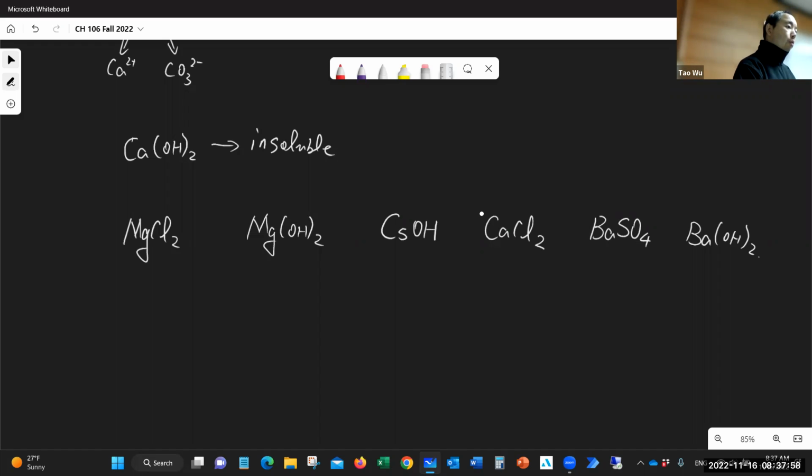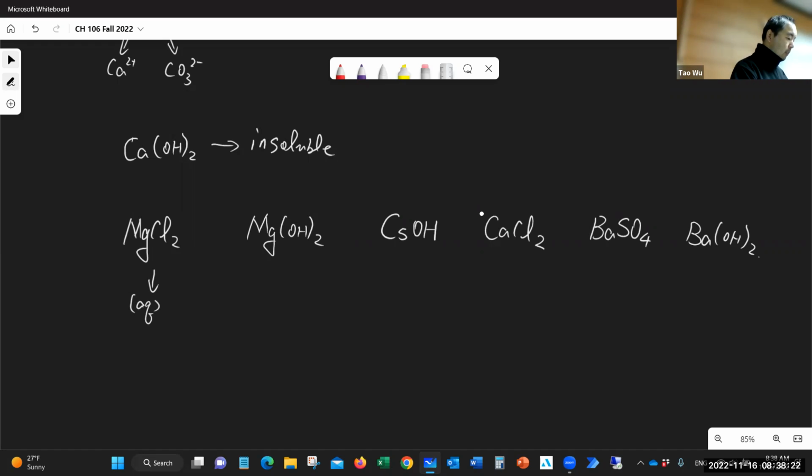Okay, so based on the solubility chart, chloride plus any other cation is soluble. So magnesium chloride is able to dissolve in the water, so that's aqueous.